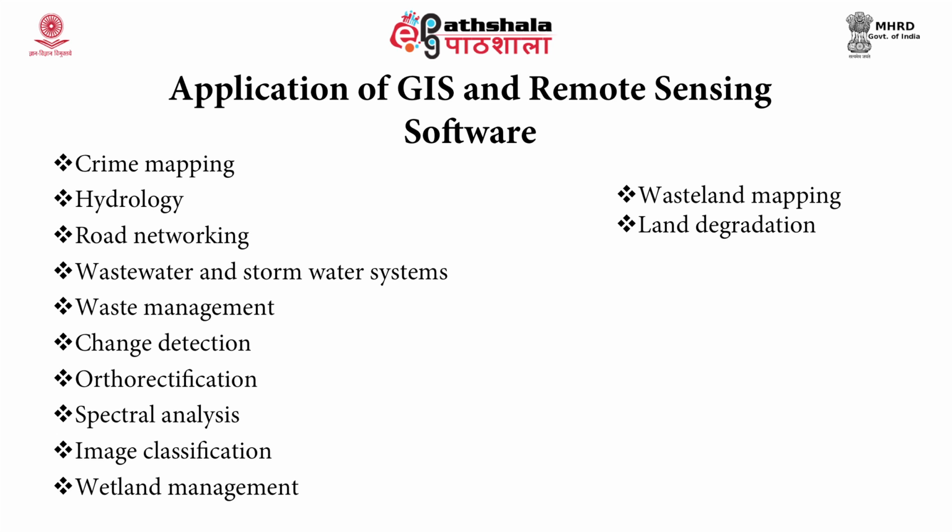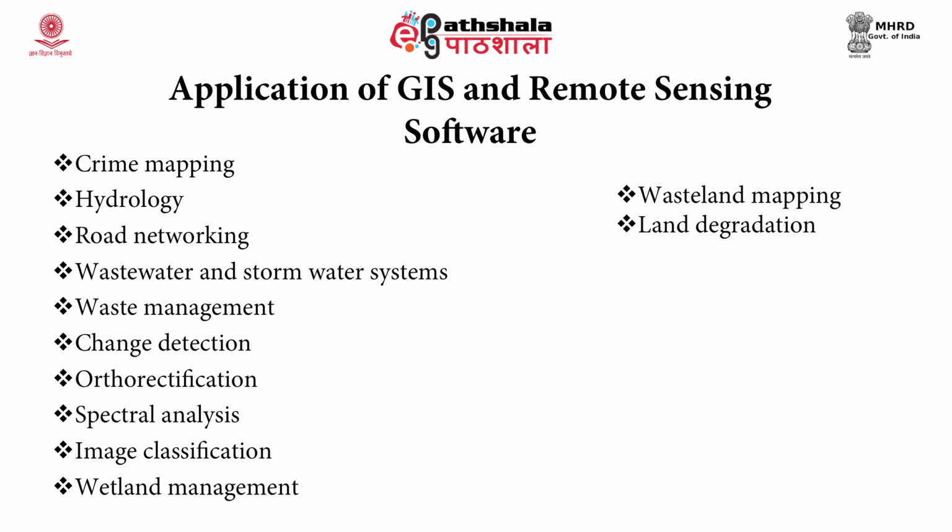For example, in crime mapping, GIS softwares are being effectively used by the Delhi police for mapping the crime patterns occurring in the national capital of Delhi. Road networking is effectively utilized by various companies and organizations in India.